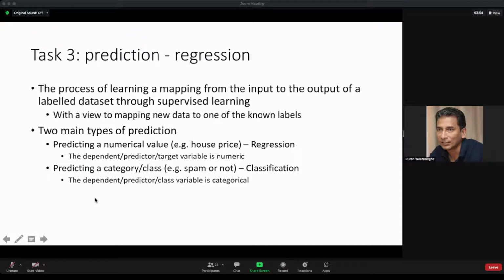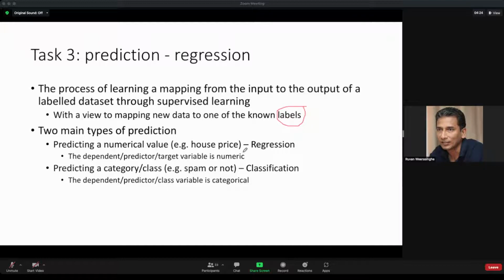And task 3 is prediction, right? One type of prediction is regression. It's an example of supervised learning where we have data and we have the answers, which may be either labels, normally we call them labels if it is classification, or numbers.